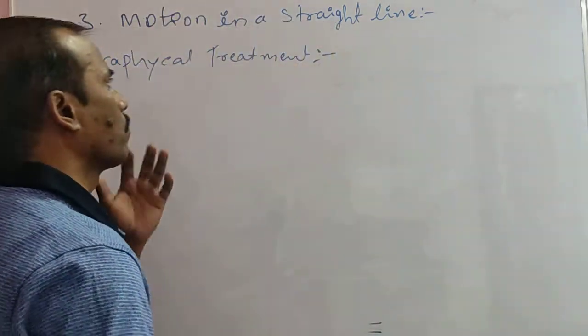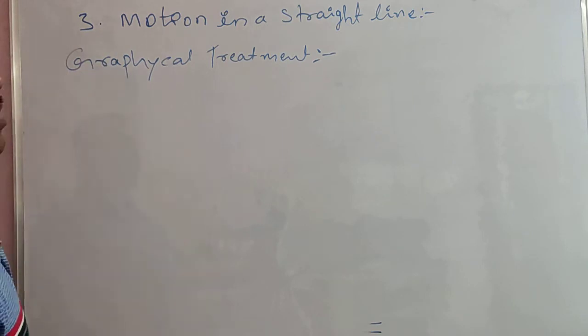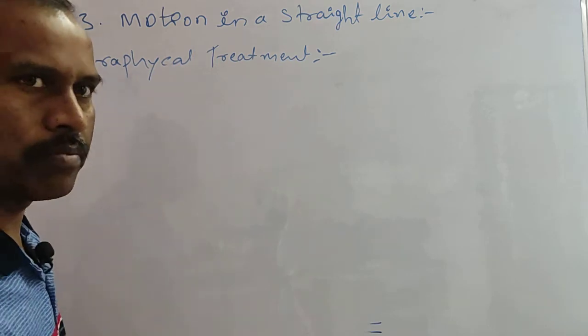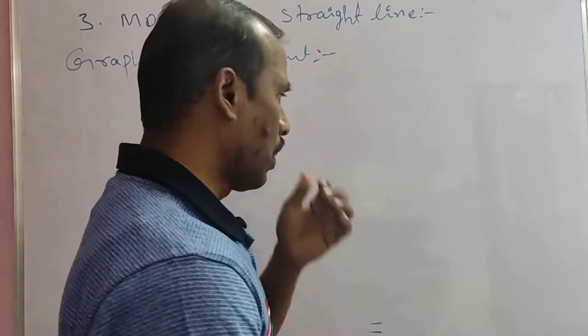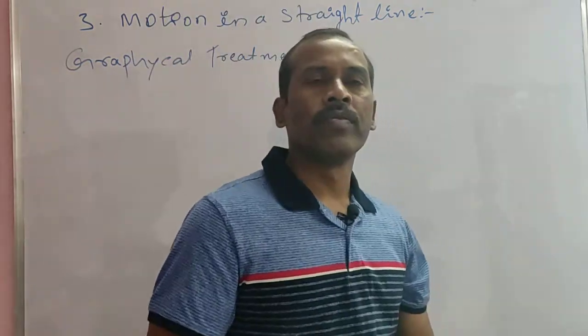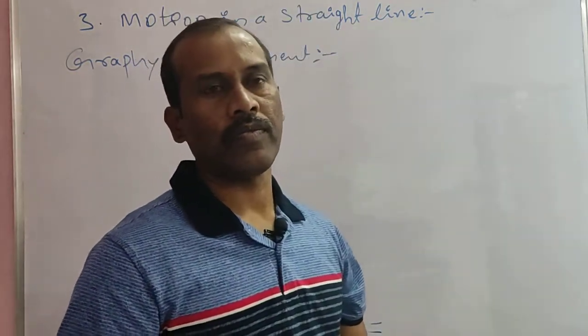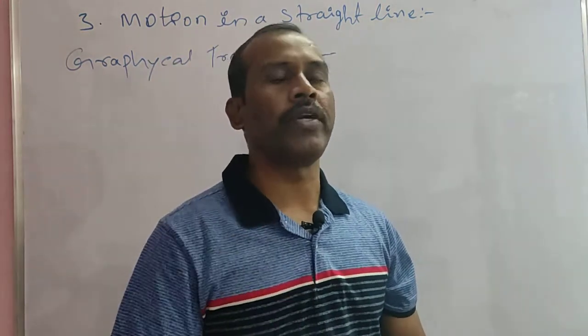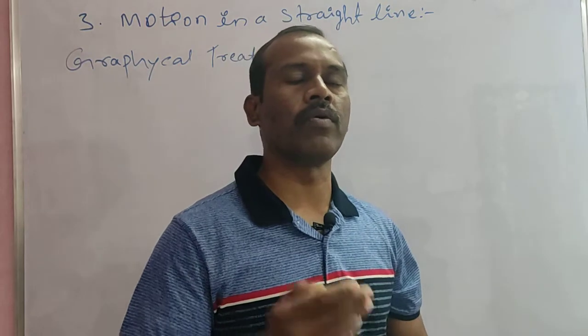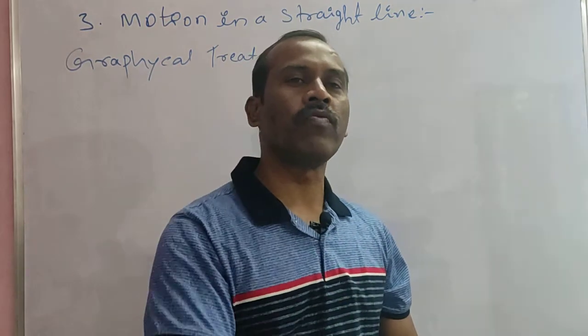Now the body starts from initial velocity u and reaches a point after some time t with final velocity v, the body moving with uniform acceleration a.